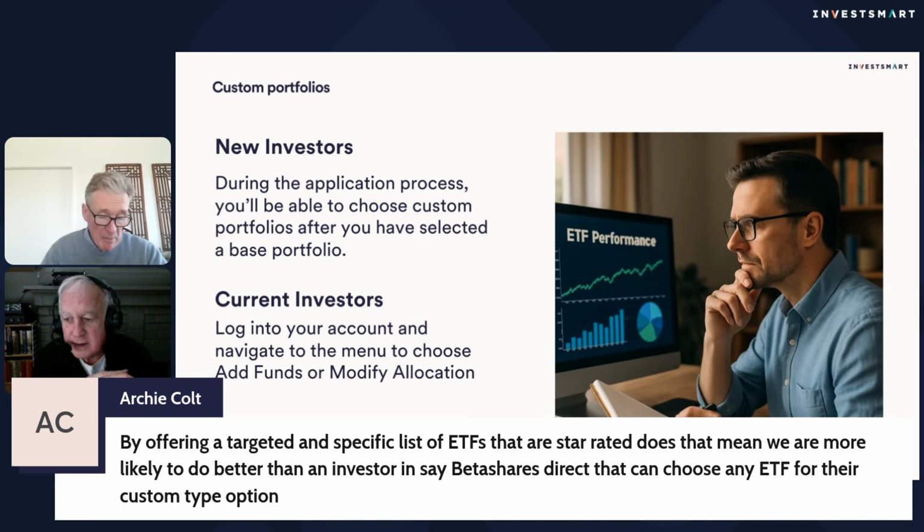Yeah, look, Archie, it sounds like you're obviously a more sophisticated investor. What we think is that we have an implied duty to make sure that our clients don't get themselves into trouble by piling into the wrong thing.